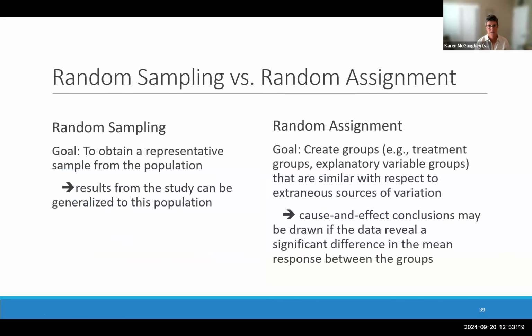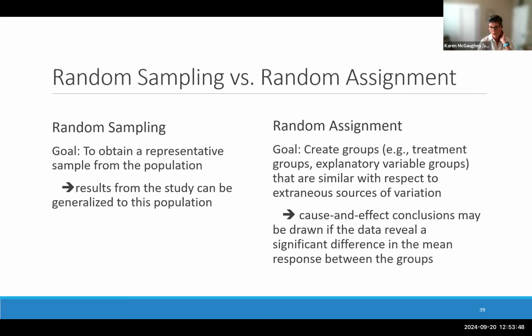So just as some closing thoughts here, last week Beth talked about random sampling, and today we've talked about random assignment, and we know that the difference between those two things is confusing for students, right? In random sampling, our goal is to obtain a representative sample from the population so that we can generalize results from our study to the population that we took the sample from.